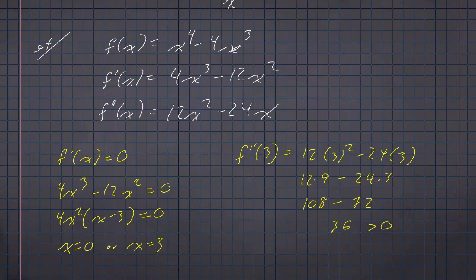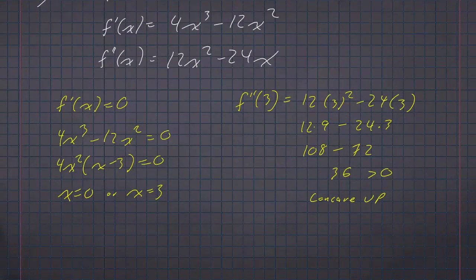But the important thing is that that's greater than 0. We're dealing with something that is concave up. And because it's concave up, there is no room for a maximum. It must be a minimum that we have at x equals 3.